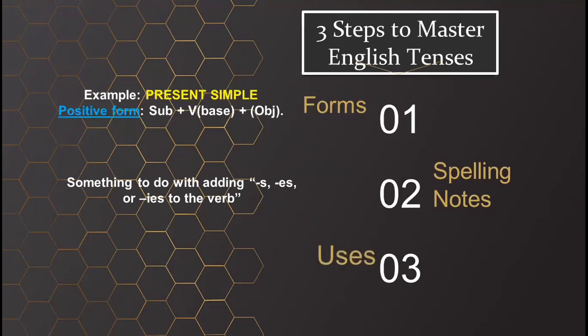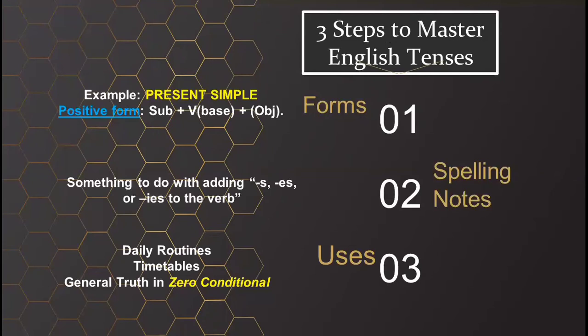And the last phase that you need to study about the present simple is the use. How we use present simple. As you know, present simple is used for daily routines, timetables, and general truth in conditional. Okay, so these are the three steps that you need to follow in order to master English tenses.